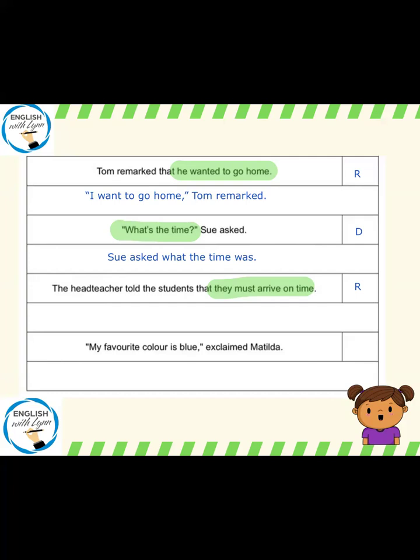If the head teacher is speaking to a group of students, he would probably say you. Okay, so I'm going to try again with my dialogue at the beginning. So let's have, "You must arrive on time," and then a comma and my inverted commas. The head teacher told the students.